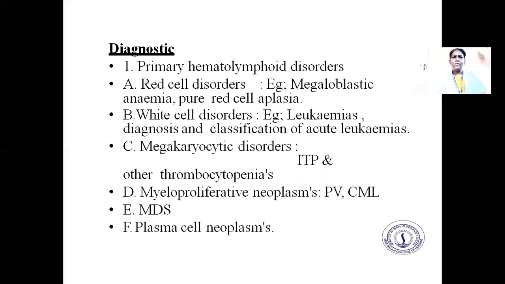Next condition is myeloproliferative neoplasms, that is PV and CML. Then MDS, then plasma cell neoplasms.